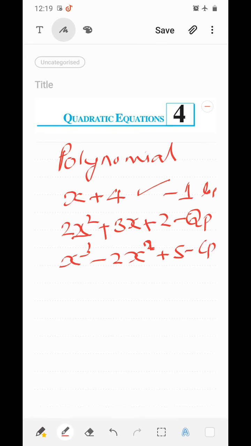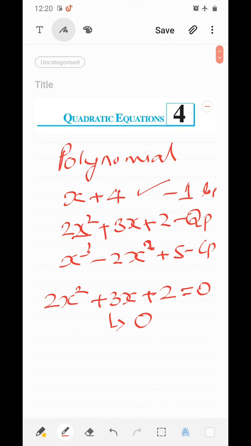If this quadratic polynomial, for example 2x square plus 3x plus 2, you equate with 0 or any number, it is now called a quadratic equation.